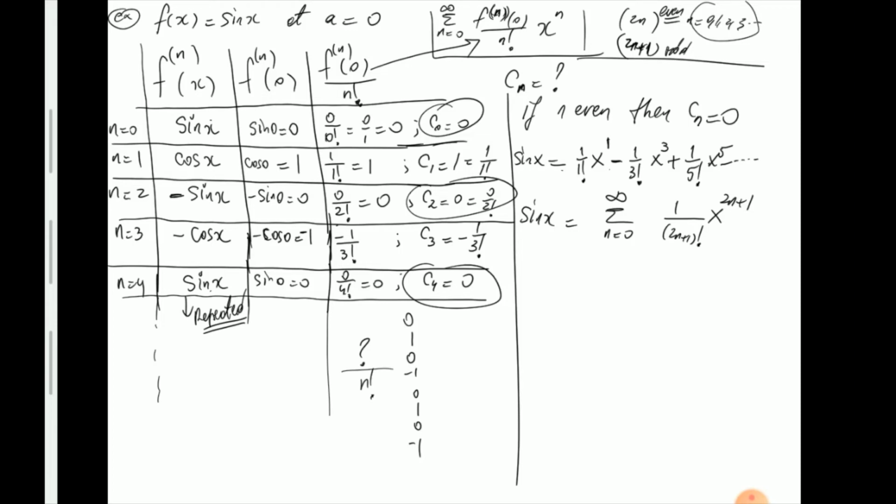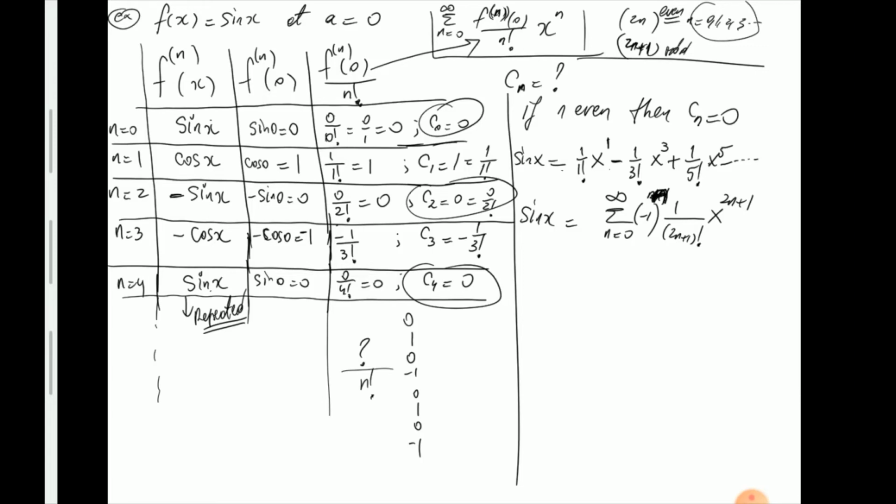Whenever you have an alternating series like this, remember from alternating series, that alternance can be written as minus 1 to the n or minus 1 to the n minus 1 or minus 1 to the n plus 1 if you want, depending on whether you're going to start with a positive number or a negative number.